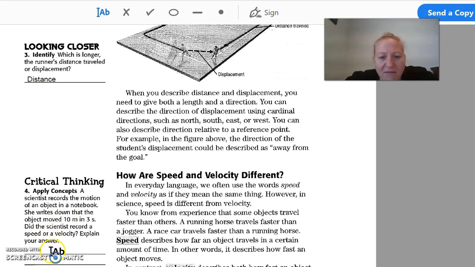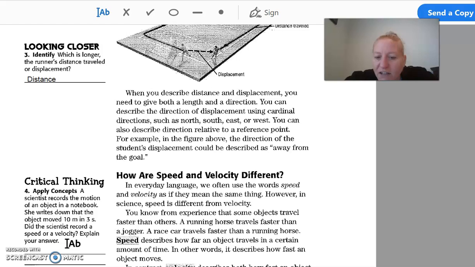How are speed and velocity different? In everyday language, we often use the words speed and velocity as if they mean the same thing. However, in science, speed is different from velocity. You know from experience that some objects travel faster than others. A running horse travels faster than a jogger. A race car travels faster than a running horse.